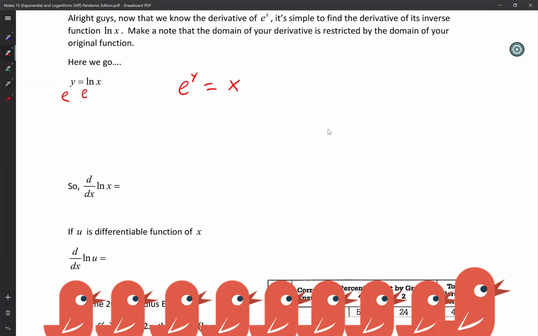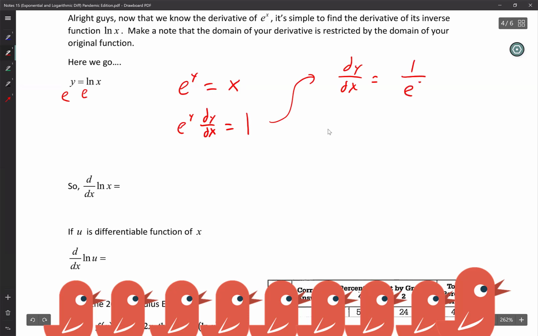What's the derivative of e to the y with respect to x? e to the y dy dx equals the derivative of x with respect to x, which is 1. So getting dy dx by itself, dy dx equals 1 over e to the y. But you don't want to see a y in there. I'm taking the derivative with respect to x. I guess that's okay, but I don't want to see it. So what's a better answer?